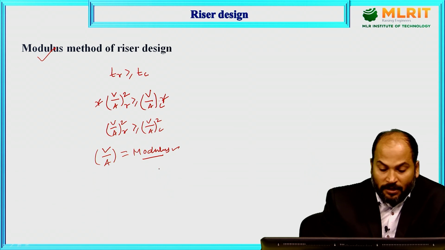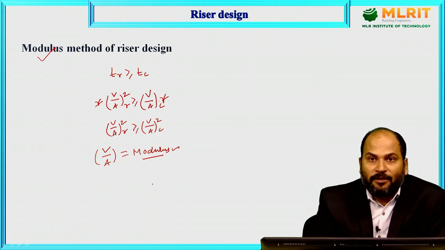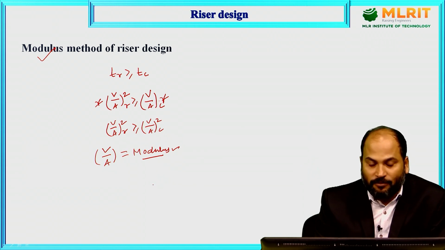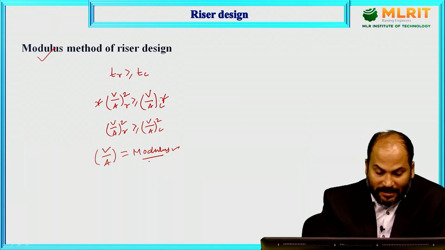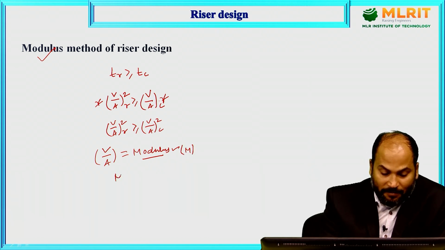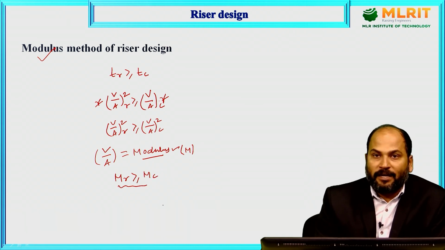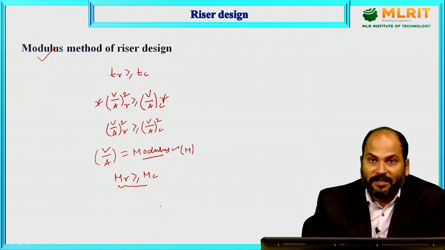This is defined as modulus, and that is why the name is modulus method of riser design. If you write this in terms of modulus and represent it by capital M, we can write MR should be greater than or equal to MC. That means, in terms of modulus, MR should be greater than or equal to MC.